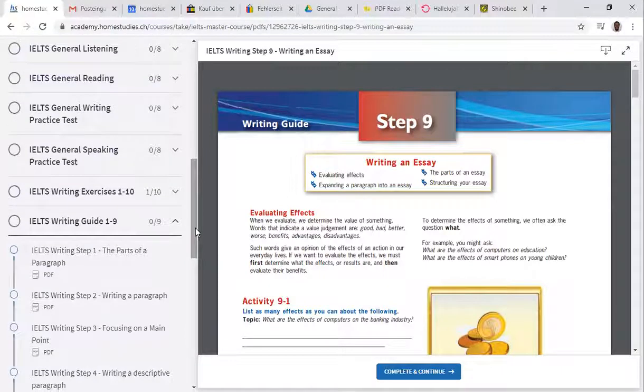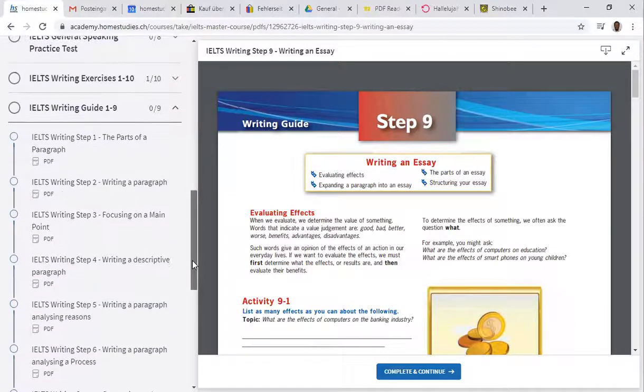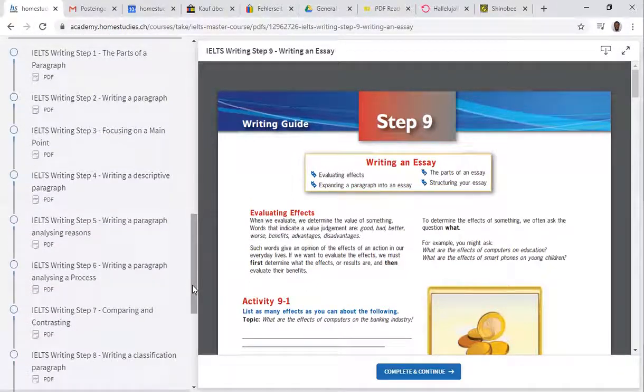And this video series is very important for both the academic and then the general exam. It applies to both because it's essentially about writing a good paragraph, for example, writing a descriptive paragraph, and a few things connected to the content of what you need to write, all right?